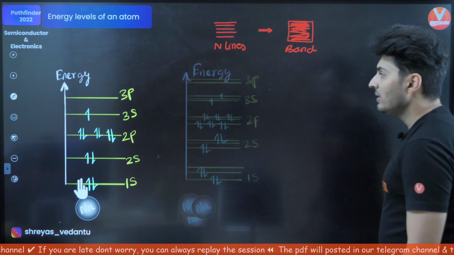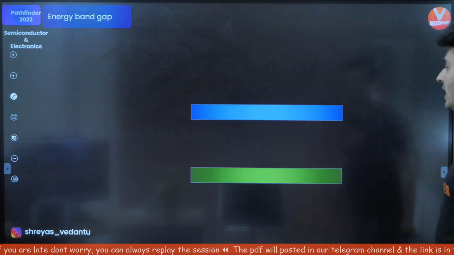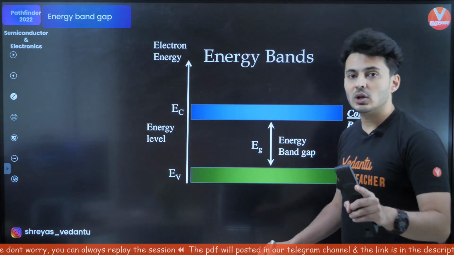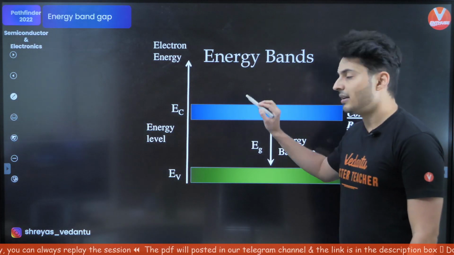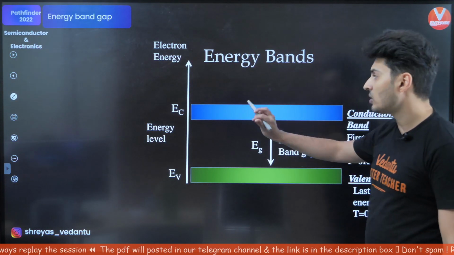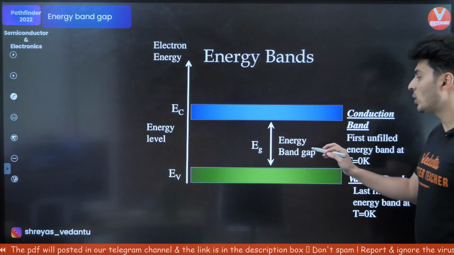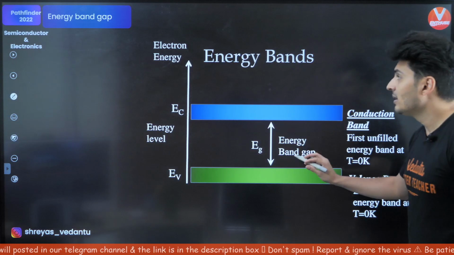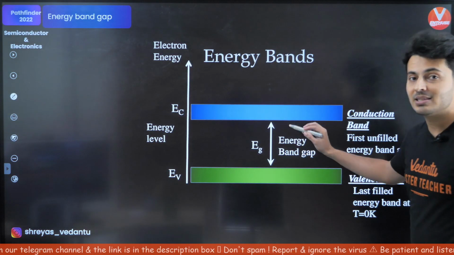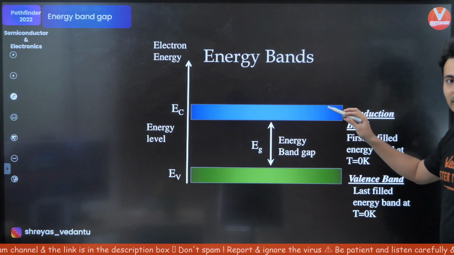Same way, when we have a solid and when we have bands, no electron can stay outside these energies. It has to be either in this or that. Okay, makes sense?